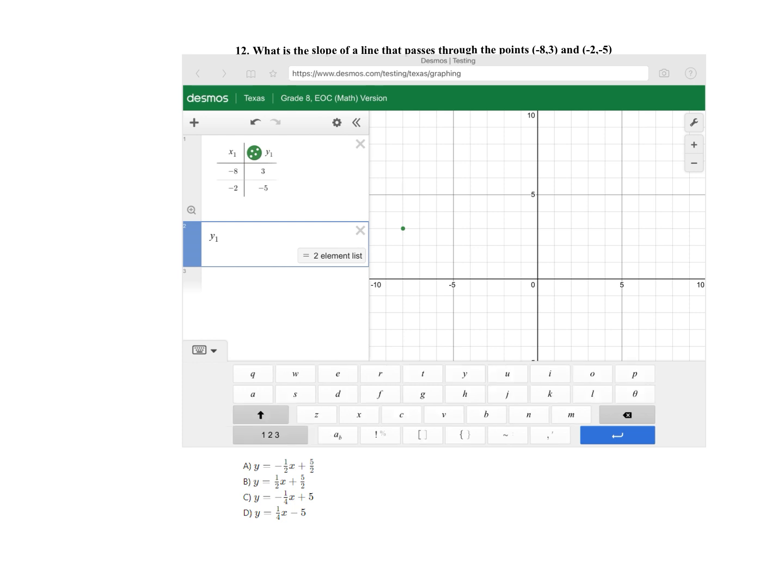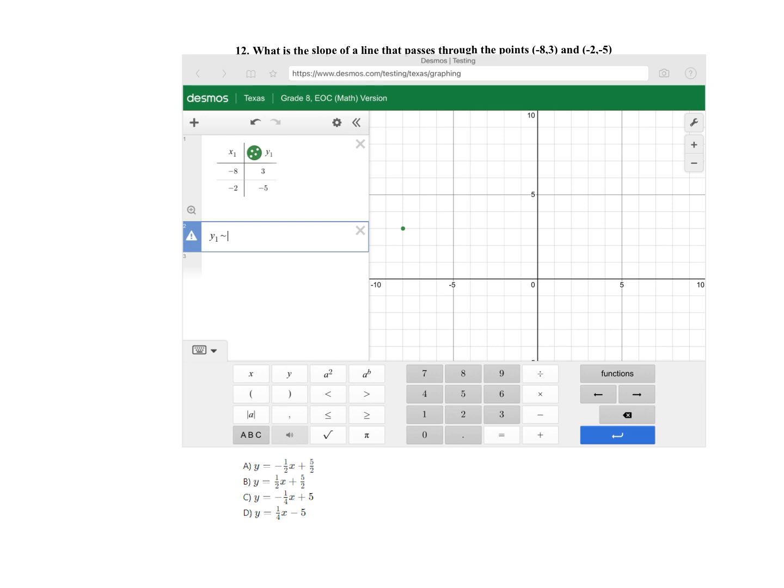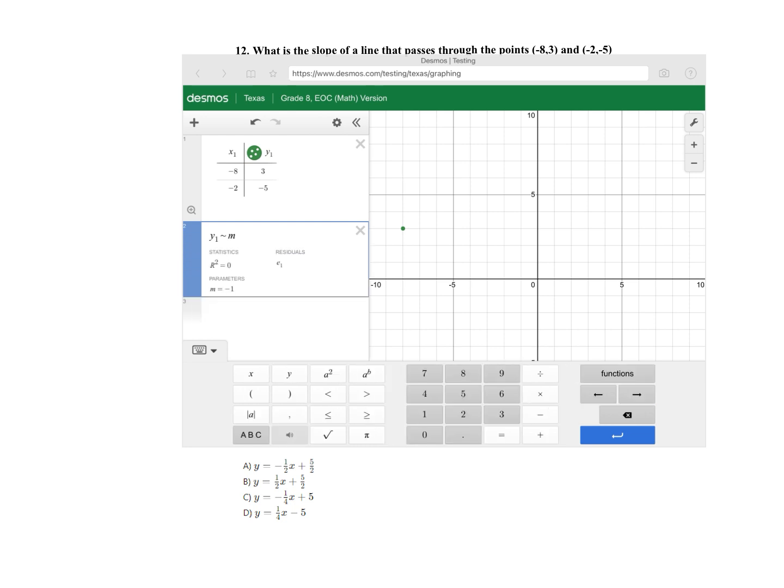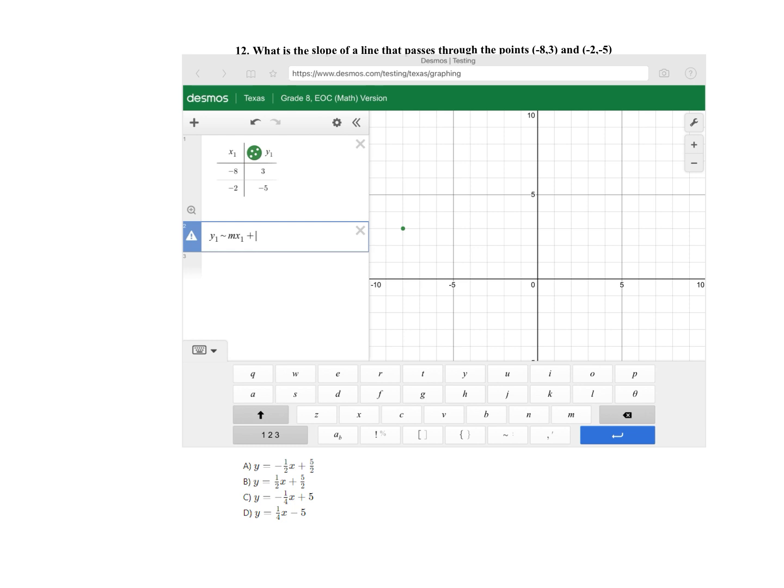We use a little tilde, which is this looking thing. And then we're going to type the letter m, because that was my slope, and then x1, plus b. That looks like y equals mx plus b.